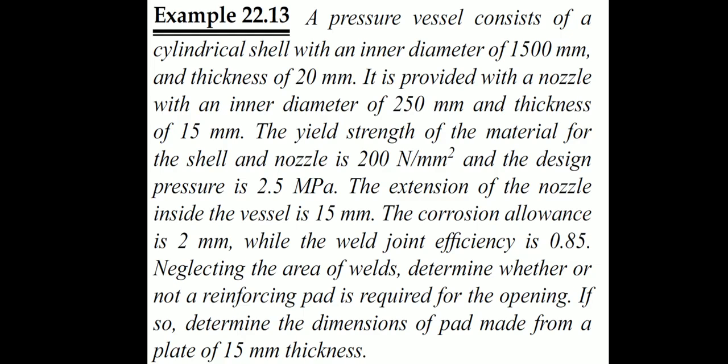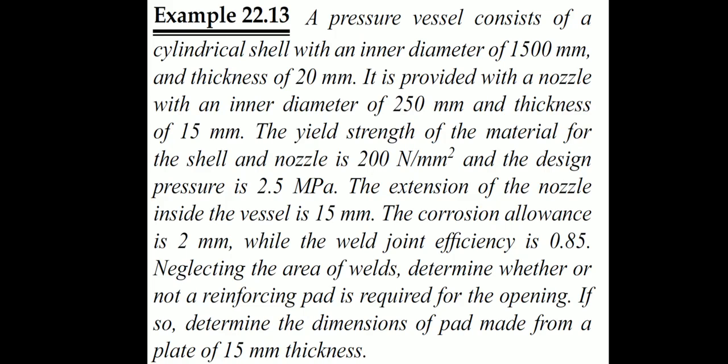A pressure vessel consists of a cylindrical shell with an inner diameter of 1500 mm and thickness of 20 mm. It is provided with a nozzle of inner diameter 250 mm and thickness 15 mm. The yield strength of the material for the shell and nozzle is 200 Newton per mm square, and the design pressure is 2.5 megapascal.